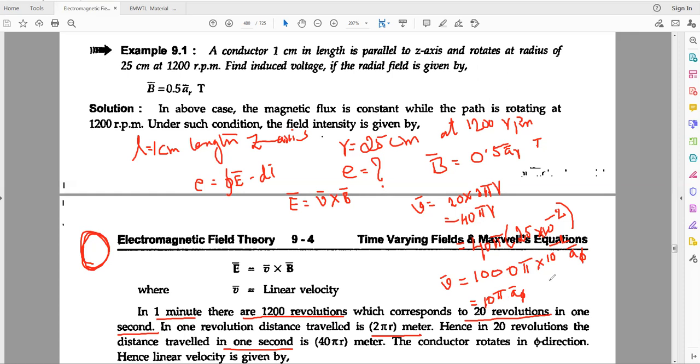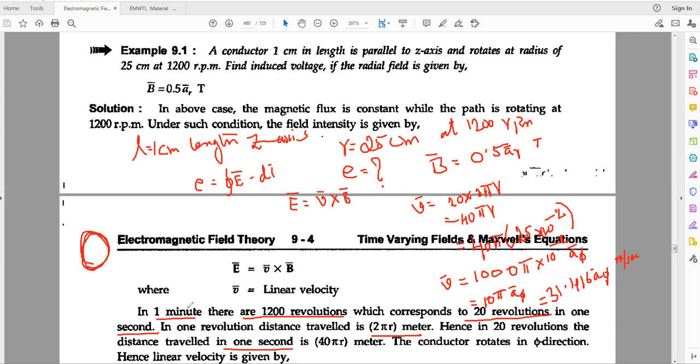Pi is 3.14, so V bar is 31.416 a_phi bar meters per second.